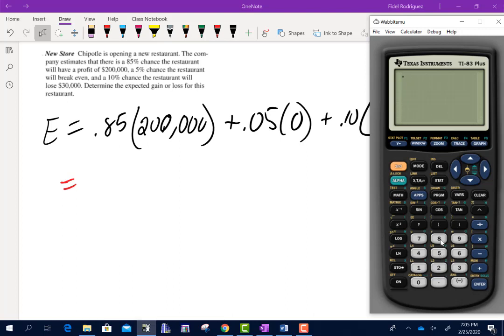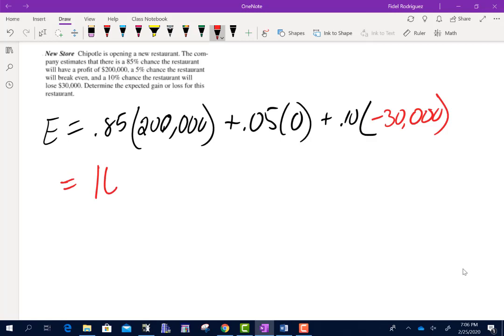So 0.85 times 200,000 plus 0.05 times 0 plus 0.10 times -30,000. Okay, so our expected value is $167,000.